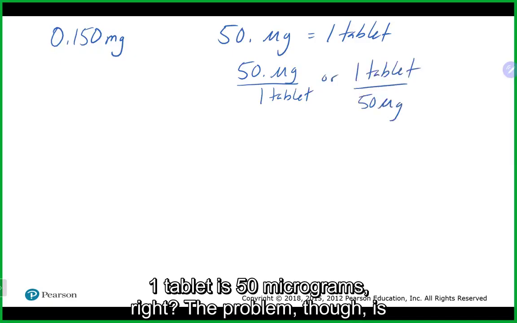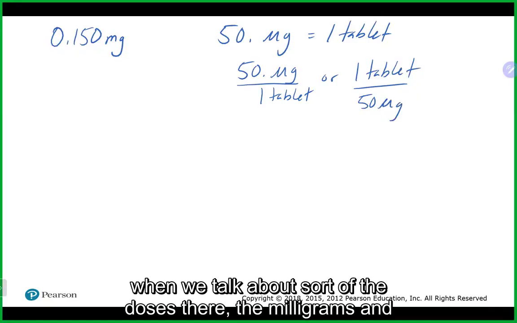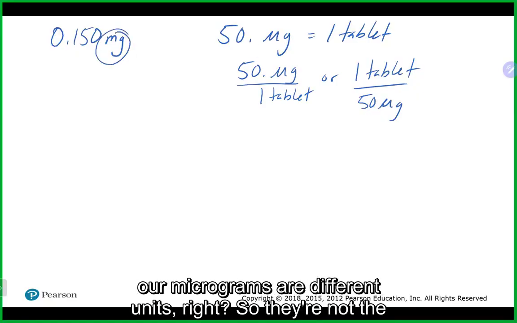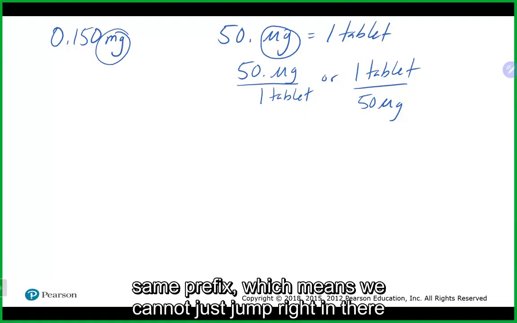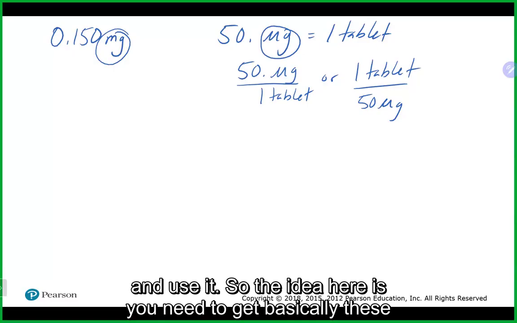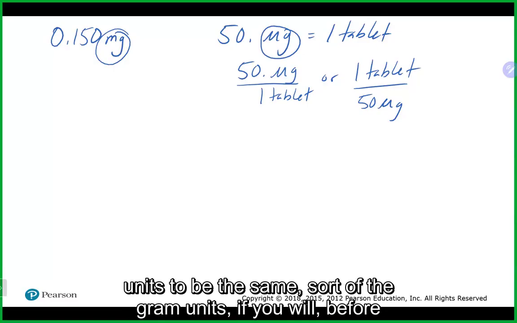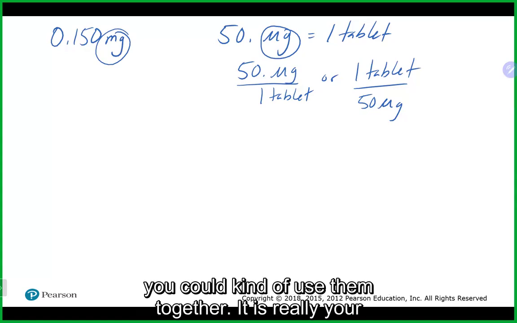The problem though is when we talk about the doses there, the milligrams and our micrograms are different units, right? So they're not the same prefix, which means we cannot just jump right in there and use it. So the idea here is you need to get these units to be the same, the gram units, if you will, before you could use them together.